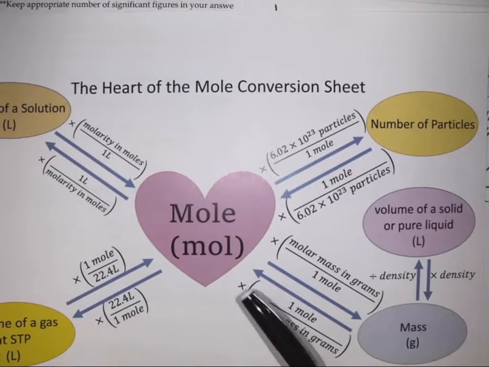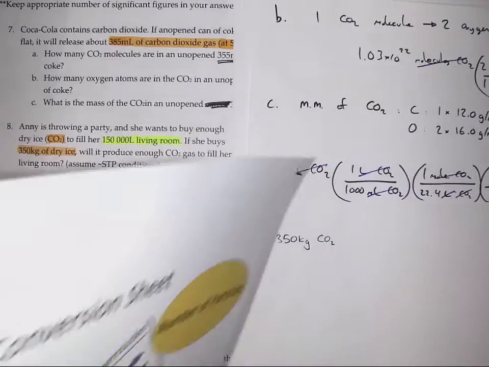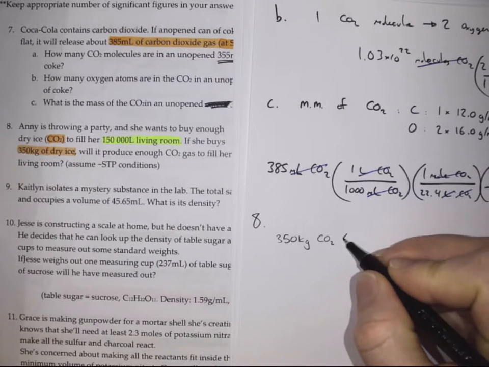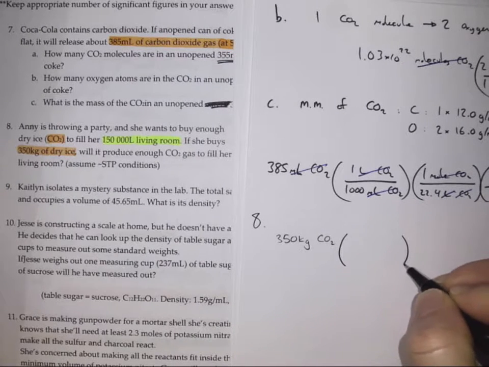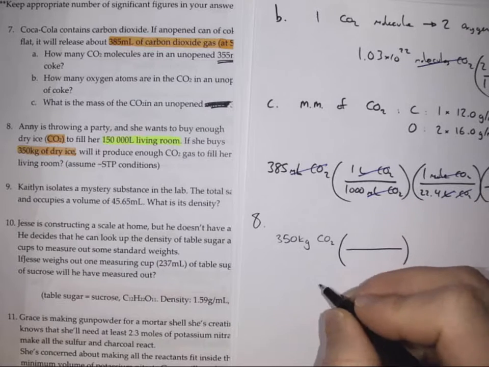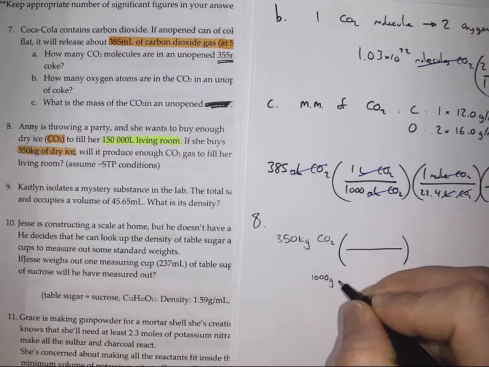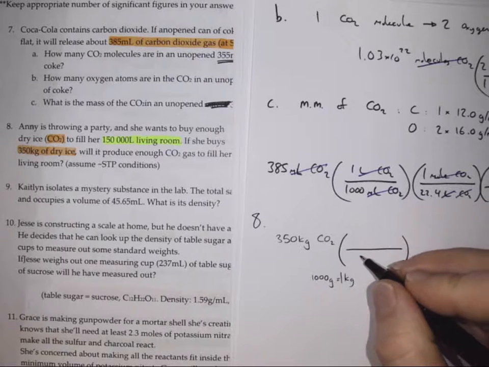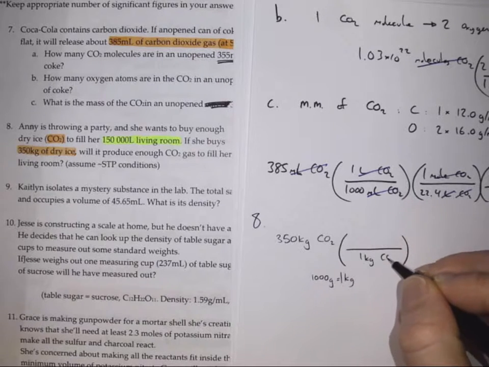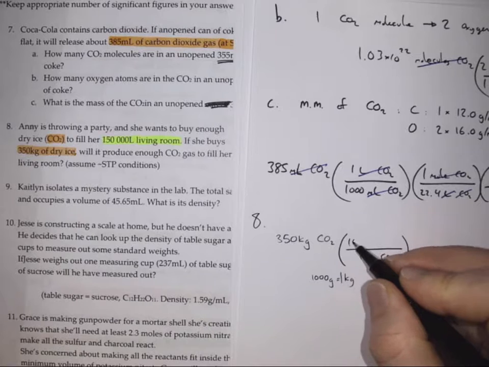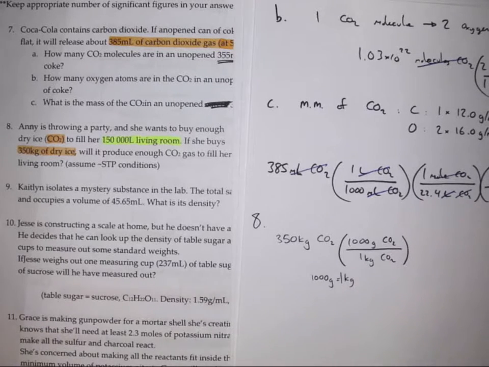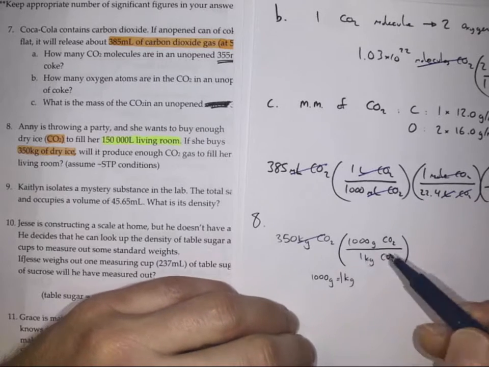And that's because molar mass is typically expressed in grams. So the first thing we need to do is convert this into a number of grams. And I know that 1,000 grams is the same thing as 1 kilogram. So I can put 1 kilogram of CO2 down here, and 1,000 grams of carbon dioxide up here. Okay, I'd like to just take a second to cross those units out.